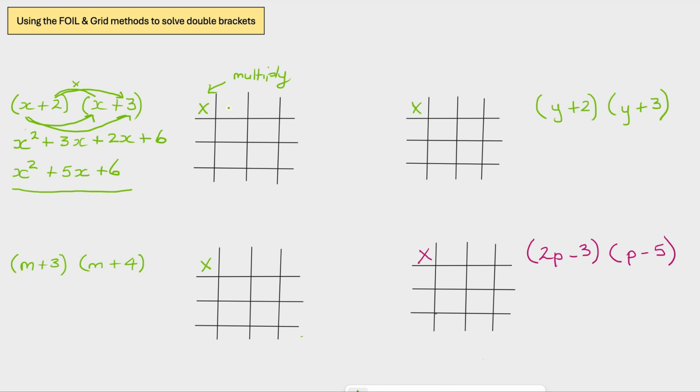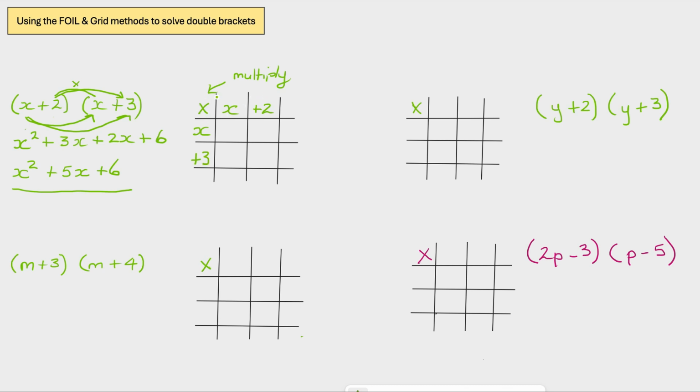So we could do it this way. The first bracket is x plus 2. So that goes across. And the second bracket is x plus 3. Okay?